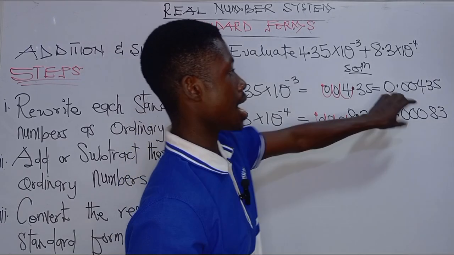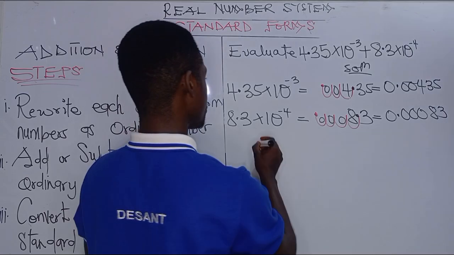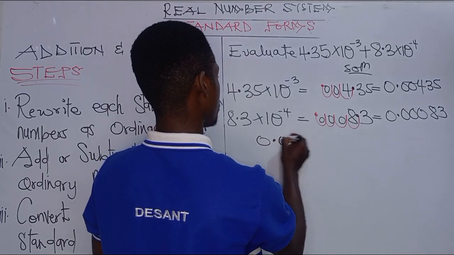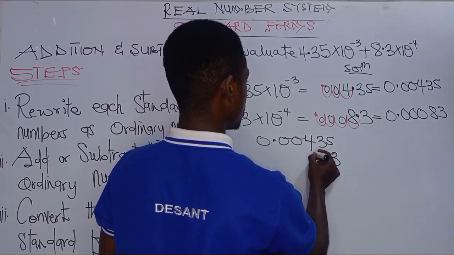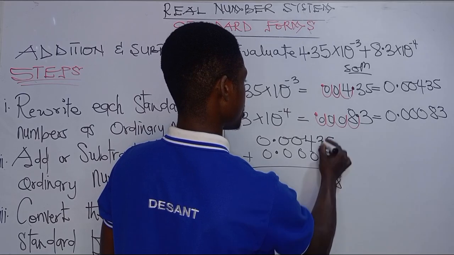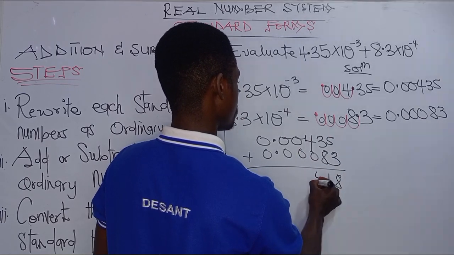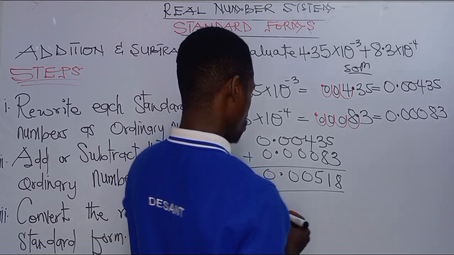Then after that we add these two ordinary numbers together. So we are going to have, so this and that will give us 8, this will give us 1, making 5, we have 0, 0, 0. So that is that.